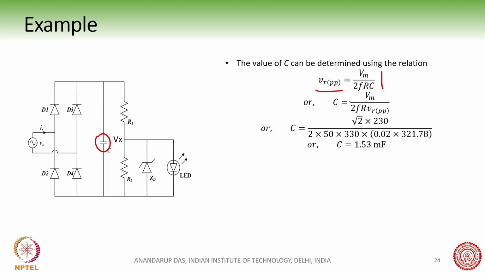If I put these values here, the Vm value, the frequency of 50 Hertz, and the total R of 330 ohm, and this peak to peak ripple, the value of C comes out to be 1.53 millifarad. So this is one way of designing this circuit and making it operate.